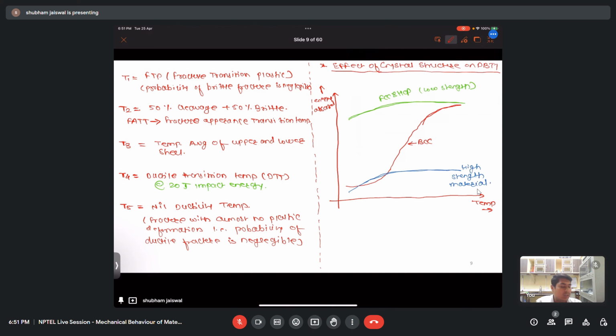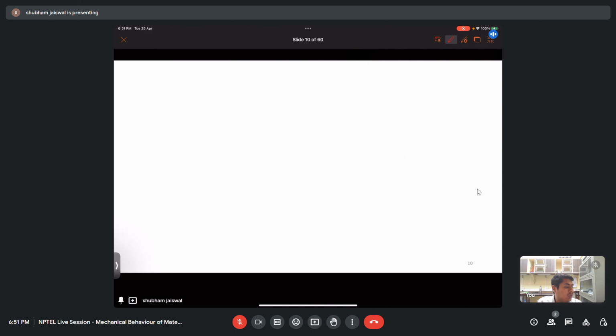Okay. So in the last, we have seen a new concept, that is the mechanical behavior of composites. So what is a composite?